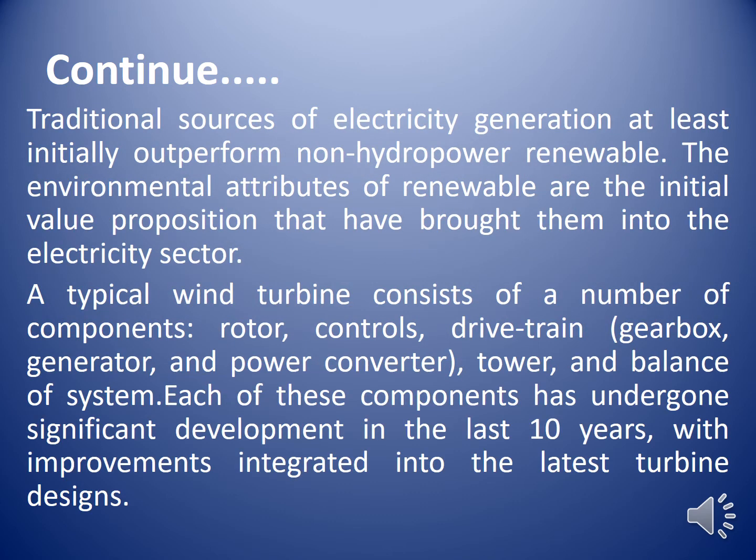A typical wind turbine consists of a number of components: rotor, control, drive train, gearbox, generator and power converter, that have undergone significant development in the last 10 years, with improvements integrated into the latest turbine designs.